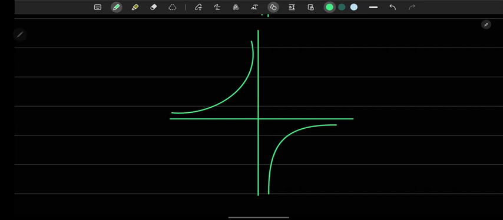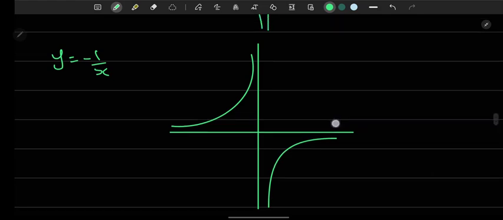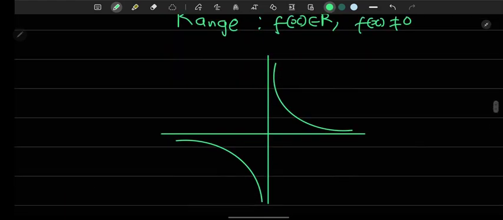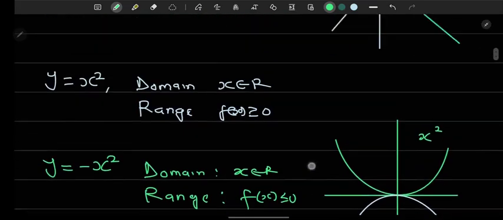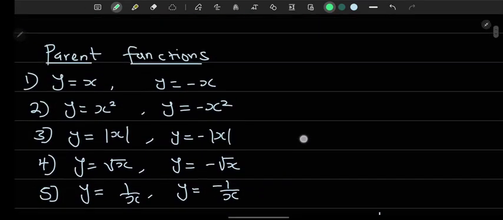So this is for y equals minus 1 over x, and the meaning is that when x is negative here, you obtain y to be positive, and when x is positive, y is negative. Unlike the first one, where when x is positive, y must be positive as well, and when x is negative, y must be negative.